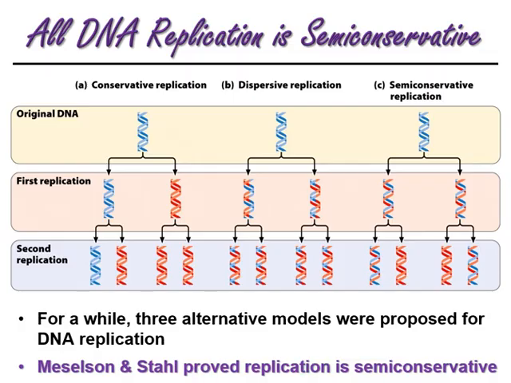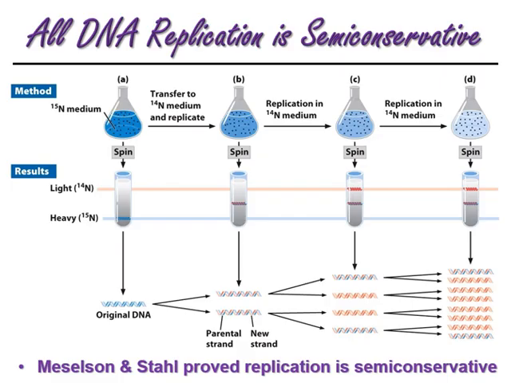Here's what they did. They wanted to be able to follow the old DNA, the original DNA. So they grew up cells in N15 containing medium. Nitrogen's atomic mass, if you look on the periodic table, is 14.01. So N14 is the most common isotope that we find in nature.